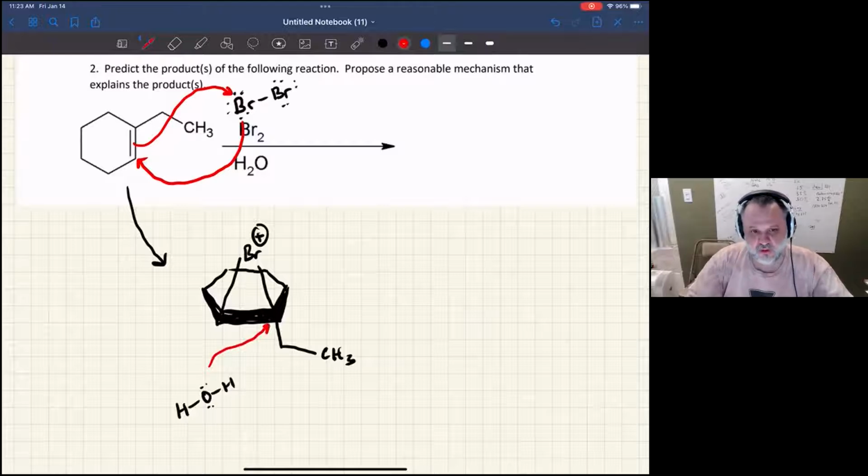Now, this also has a regioselective outcome in addition to the stereochemical outcome. From a regioselective standpoint, the water is going to add to the more substituted side of the double bond.